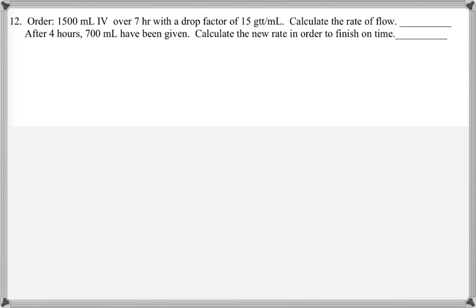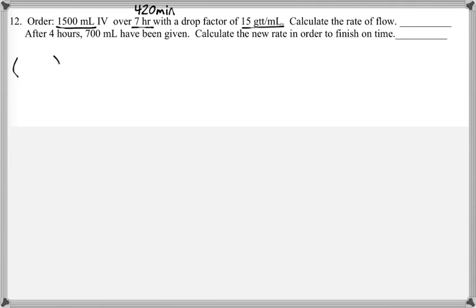So let's look at the original rate. We have 1500 mLs, and it's over 7 hours, which is 420 minutes. And the drop factor is 15.